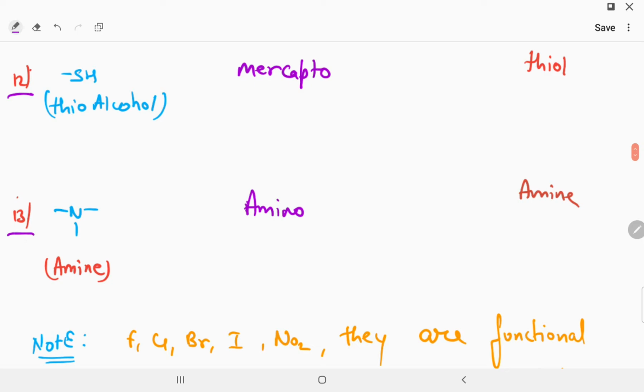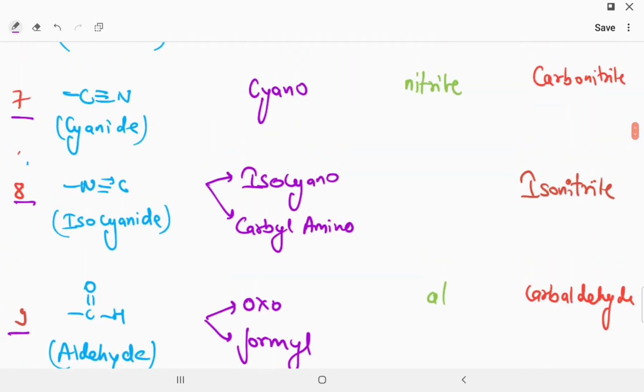So this is the priority order table. We always go through each of these one by one.